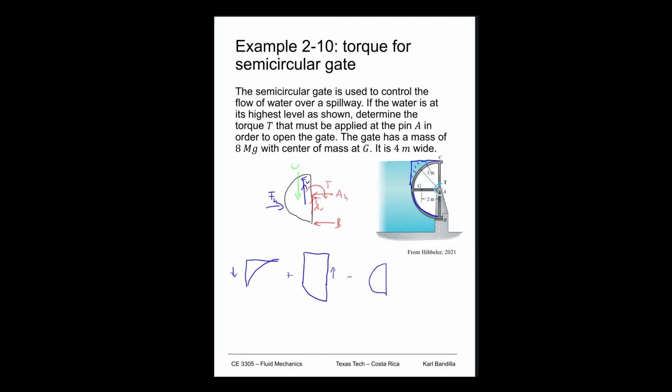That makes it a lot easier because it's easy to find the area of the semicircle and then the volume going into the page, and it's also easier to find the location of the centroid for that area.